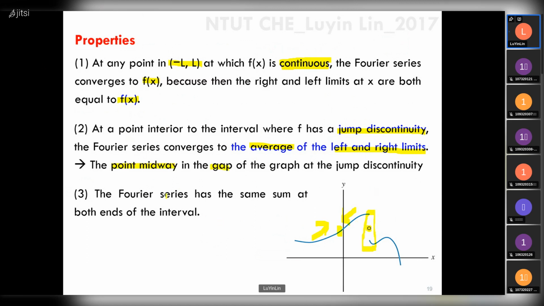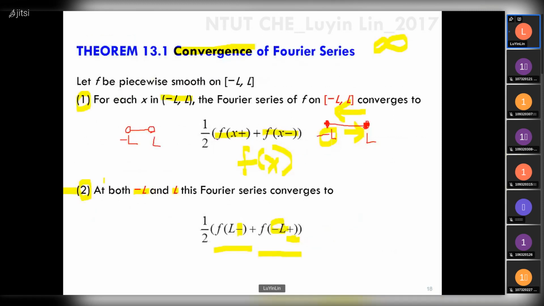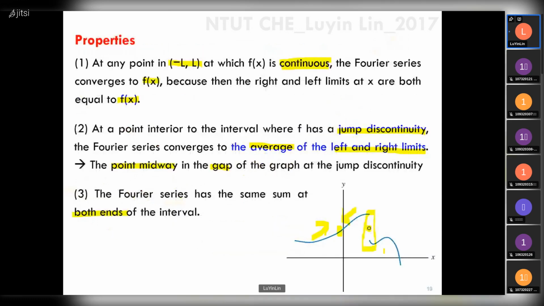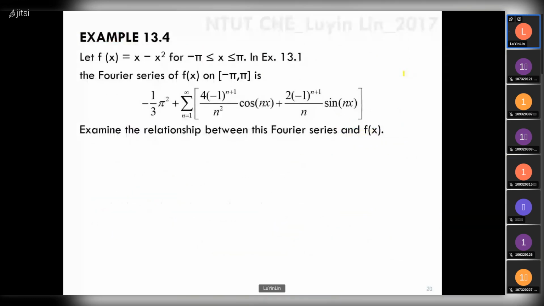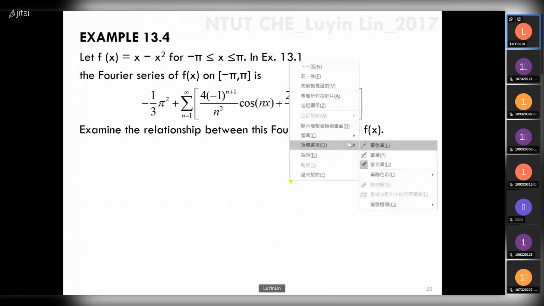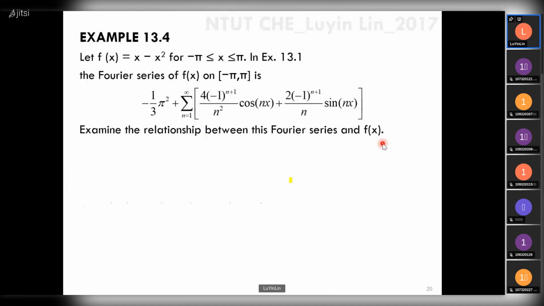Okay, then next, the Fourier series has the same sum at both ends, minus L and L. It converges to the same value. Okay. So see the example.